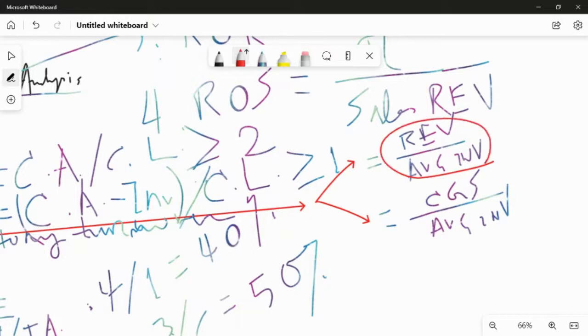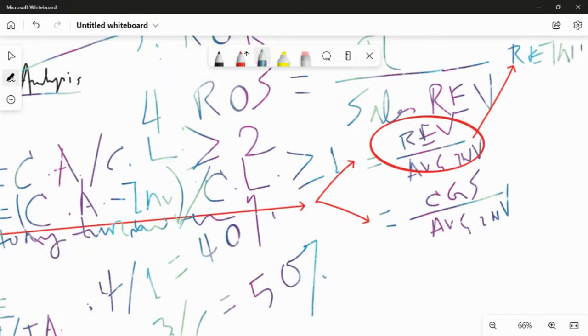And this is the inventory turnover ratio for retail business.